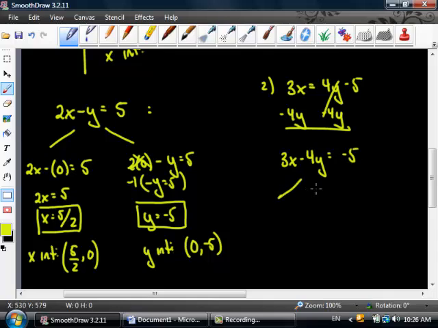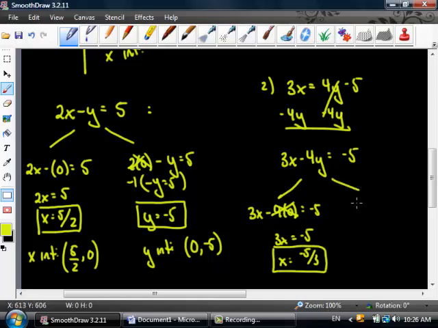And now here I'm going to have my x-intercept, which is 3x minus 4 times 0 equals negative 5. That's out of there, so 3x equals negative 5. X equals negative 5/3. On the right, I'm going to go ahead and find my y-intercept, so that's 3 times 0 minus 4y equals negative 5.